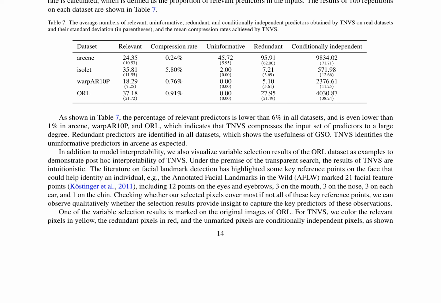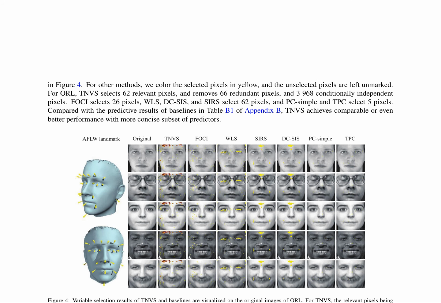This visualization provides insight into the key predictors of the observations, capturing the key reference points on the face that could help identify an individual, such as the annotated facial landmarks in the wild. AFLW marked 21 facial feature points. The proposed method, TNVS, demonstrates superior performance in selecting relevant pixels for facial recognition tasks using the ORL dataset.